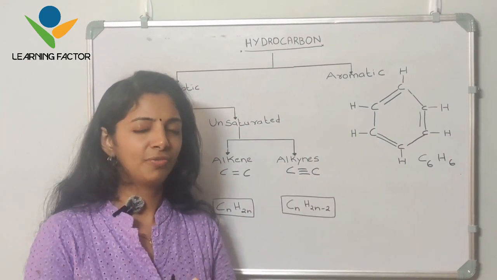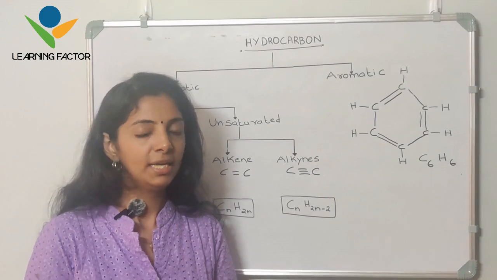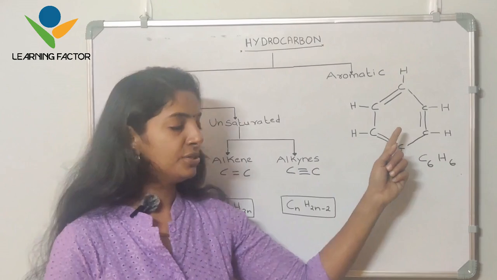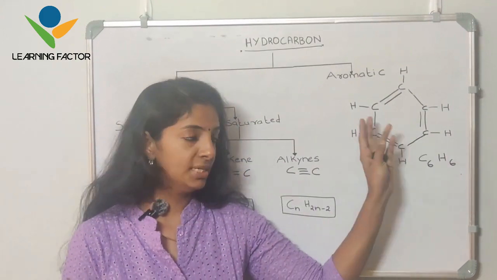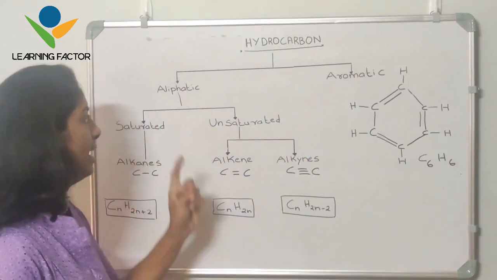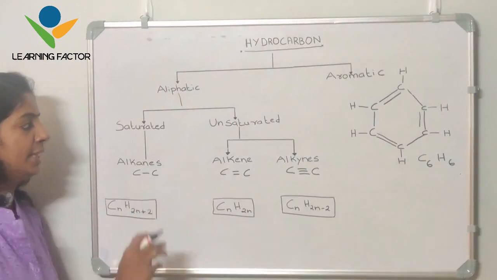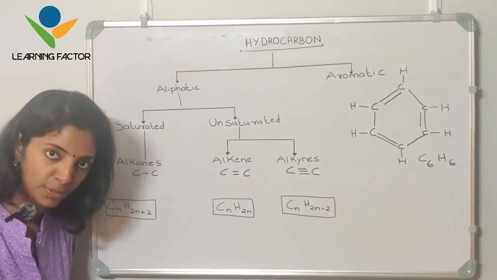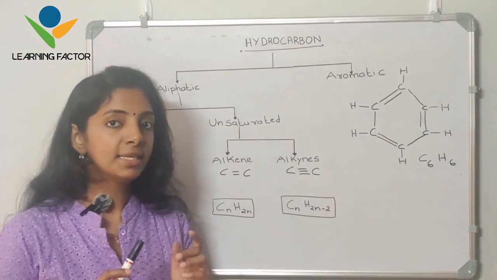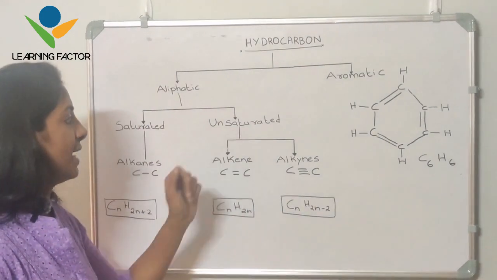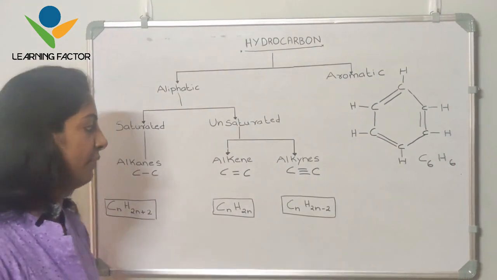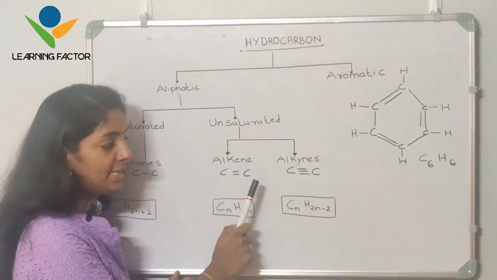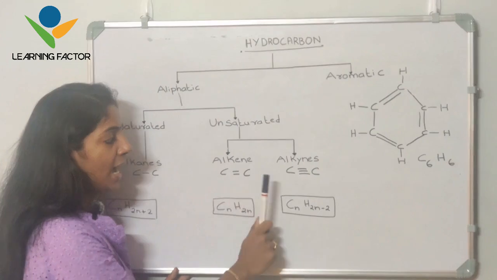In the aromatic compounds, in your syllabus you have benzene, and the benzene structure is very important, you need to study this. Aliphatic compounds are of two types, saturated and unsaturated. Saturated compounds have single bonds, and unsaturated compounds have double bonds and triple bonds. Double bond compounds are called alkenes and triple bond compounds are called alkynes.